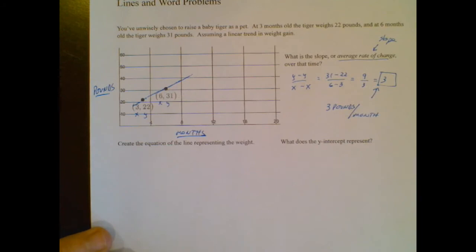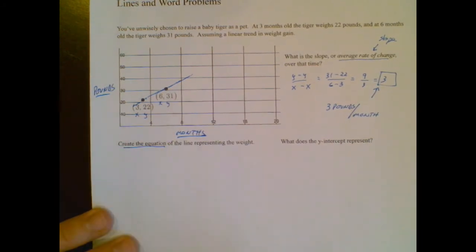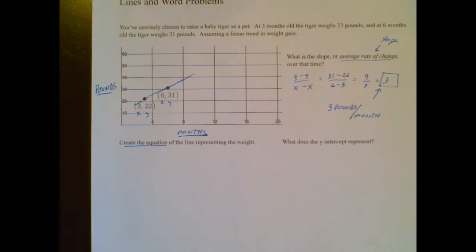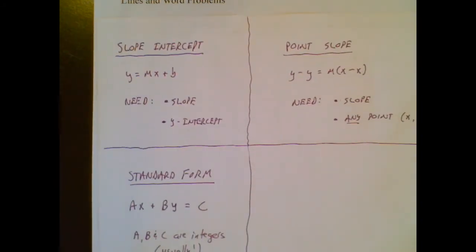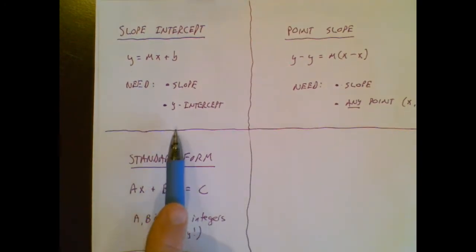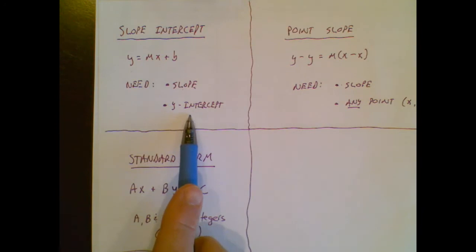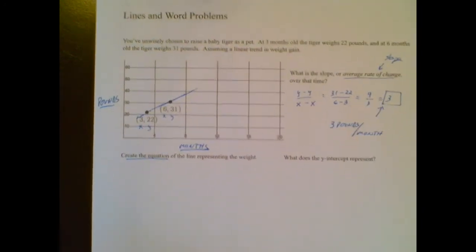All right. The next thing we're going to do is create an equation of this line. Well, if you think about the different equation possibilities that you have, almost always you think about this one first. But slope-intercept requires a y-intercept, and we don't have a y-intercept.